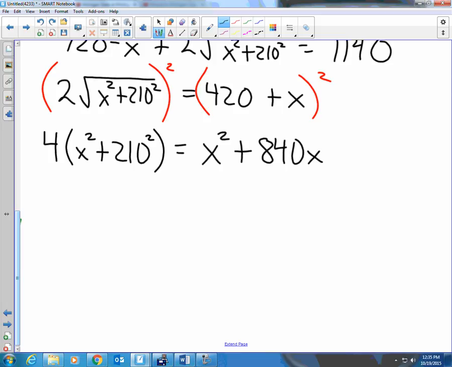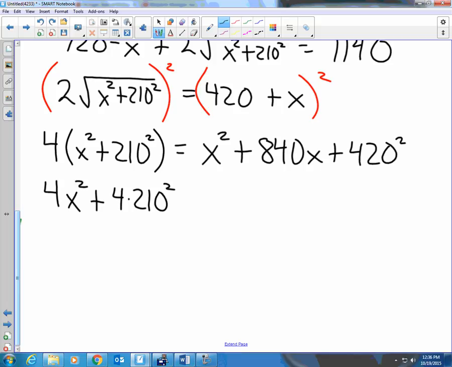And then 420 squared, whatever that is. Sounds good. Multiply through by 4. 4x squared plus 4 times 210 squared equals x squared plus 840x plus 420 squared.